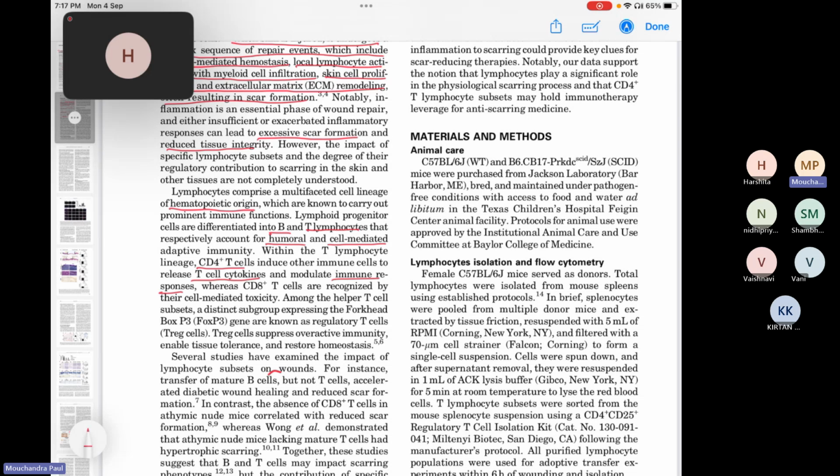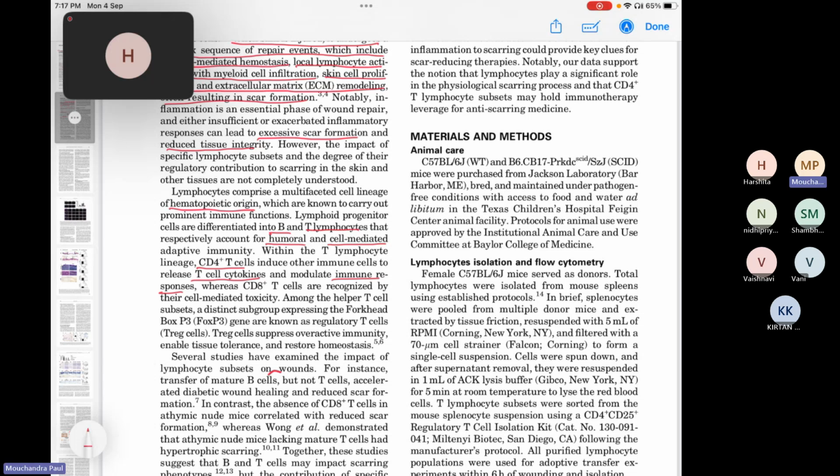Their job is to call more and more T cells to the place. They're basically the first ones to arrive at the wound site and call other T cells, and thus manage how the inflammatory response will go on at the wound site.